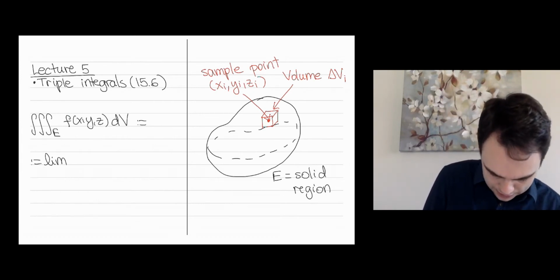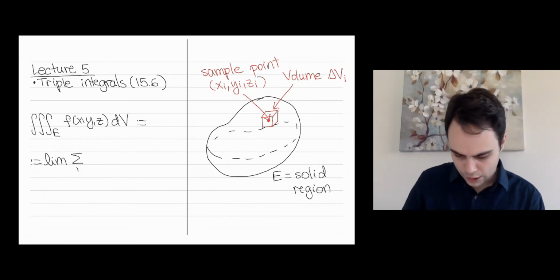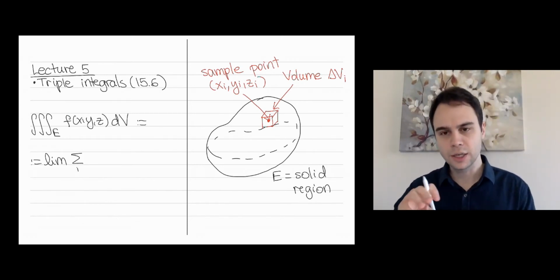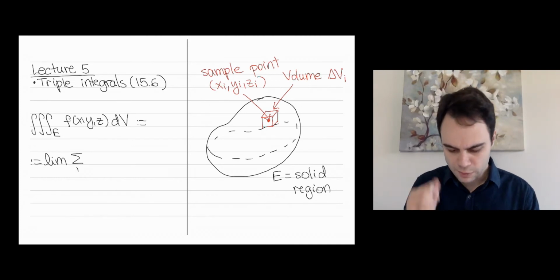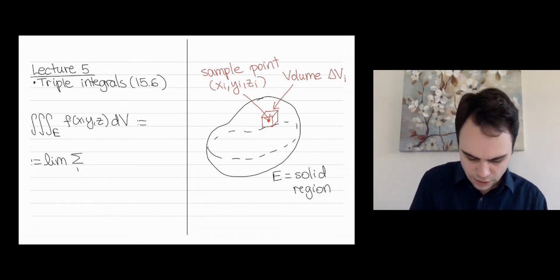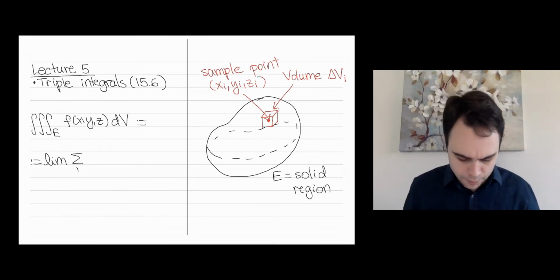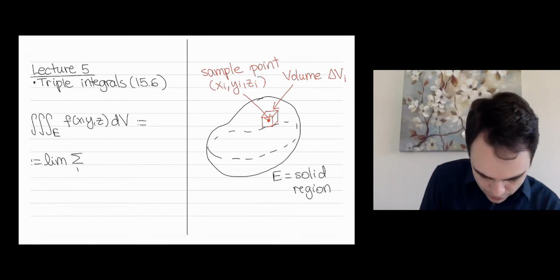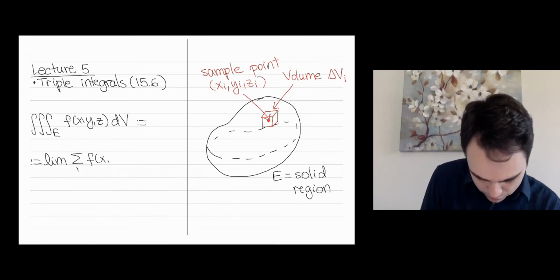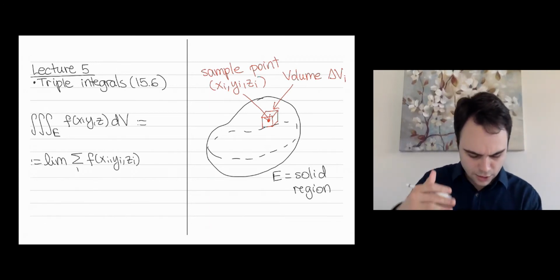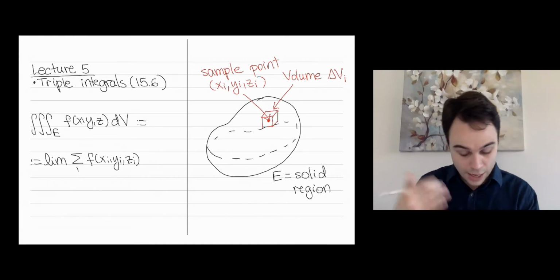I'm just going to add over the various pieces in the subdivision of E, over the various pieces into which I broke E. And then I add the value of the function evaluated at the sample points. So there is a sum over each ith piece.